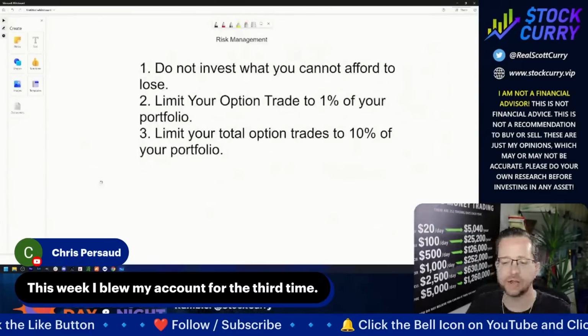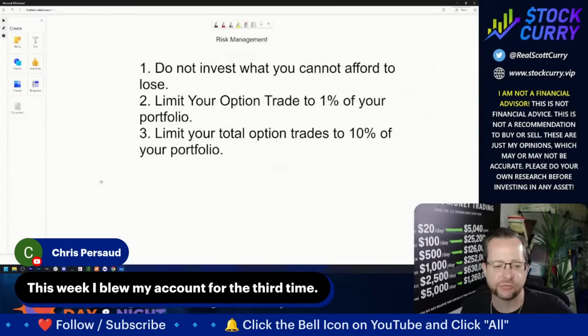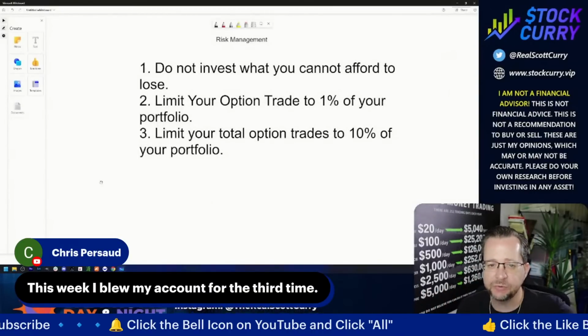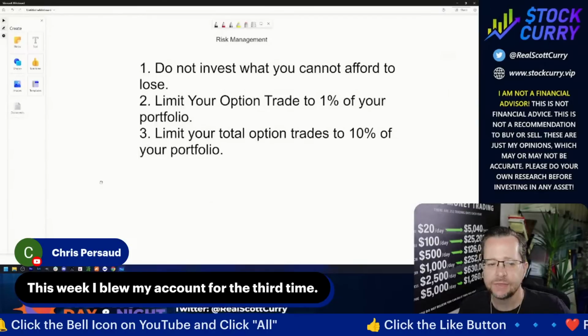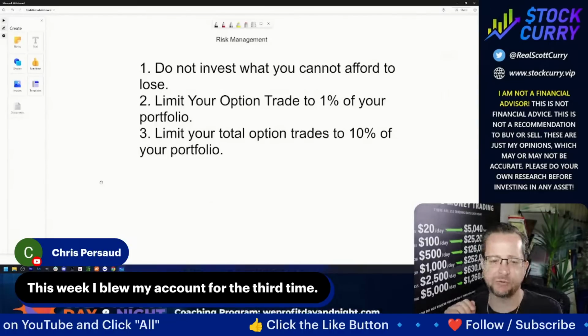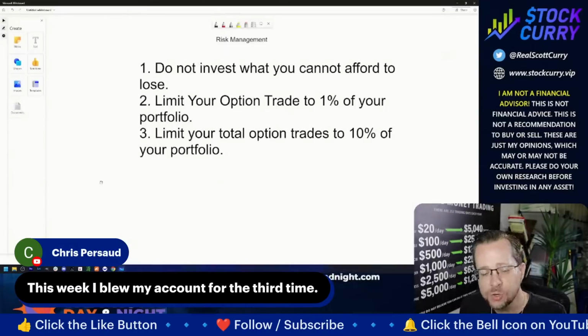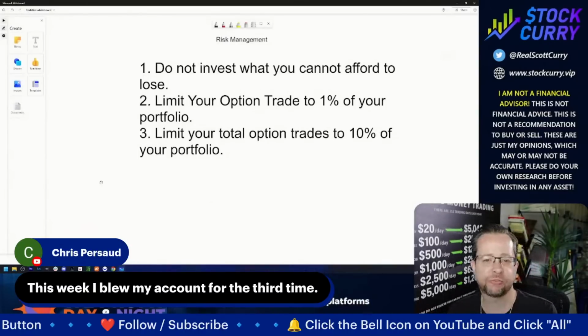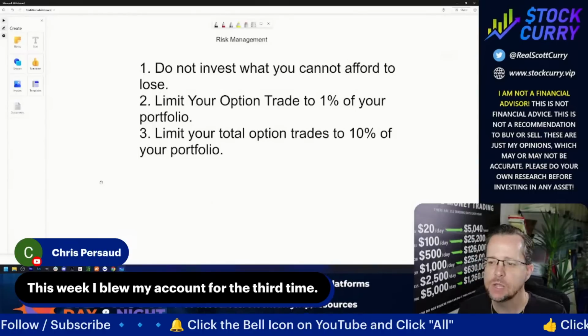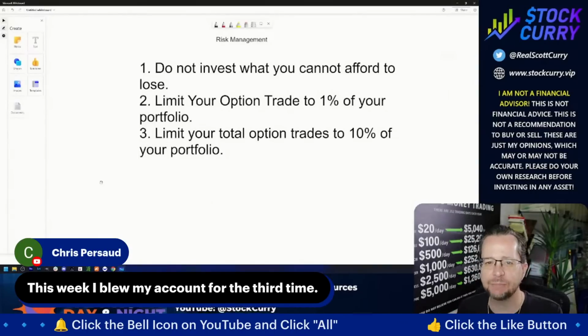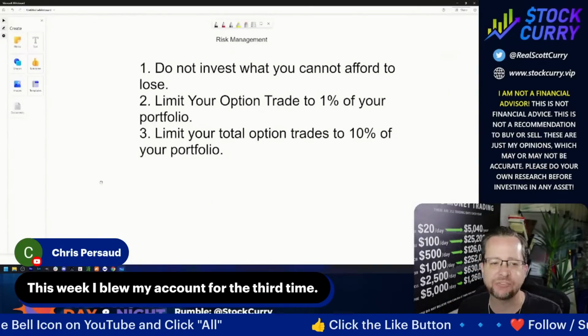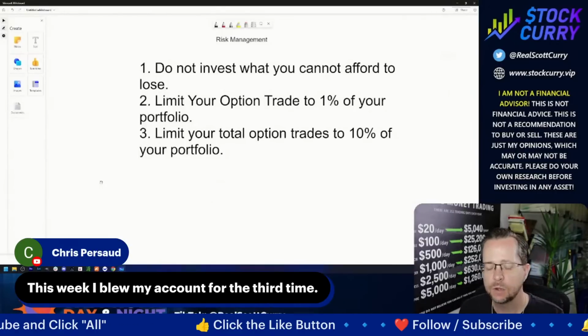It should be your long-term investments. Don't put more than 10% of your portfolio in options, and don't do more than 1% of your portfolio in any single option. Because if you do, you're going to end up like all those guys on Wall Street Bets, losing a ton of money. Risk management is the number one most important thing you have to understand about options. Okay?